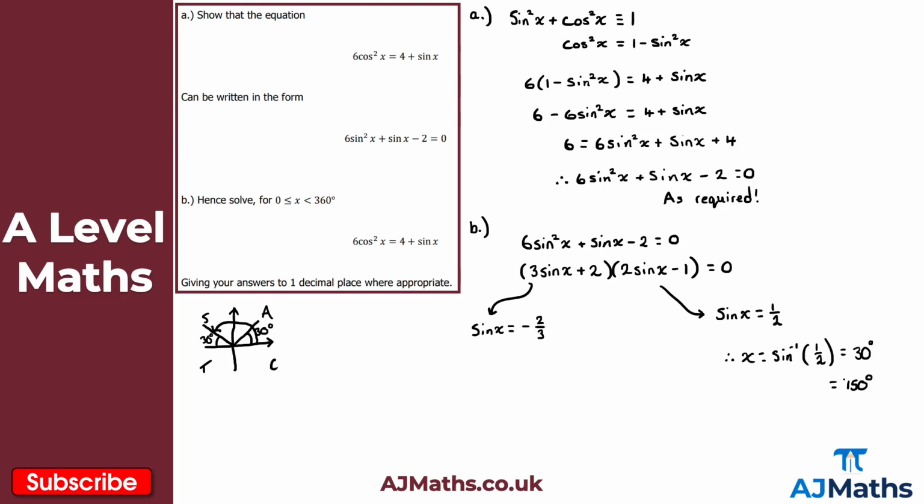Okay, so our second solution there is 150 degrees. And that would be the full set of solutions here, because we know that sine is periodic every 360 degrees. However, if I add 360 to either of these two angles, it would fall outside of the domain. It would be greater than 360. Okay, so that's the first of these two trigonometric equations solved.